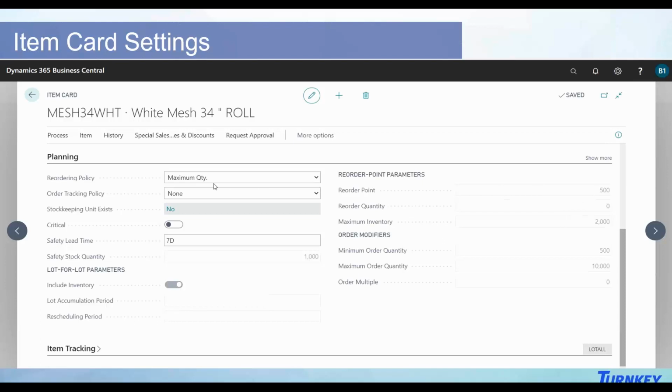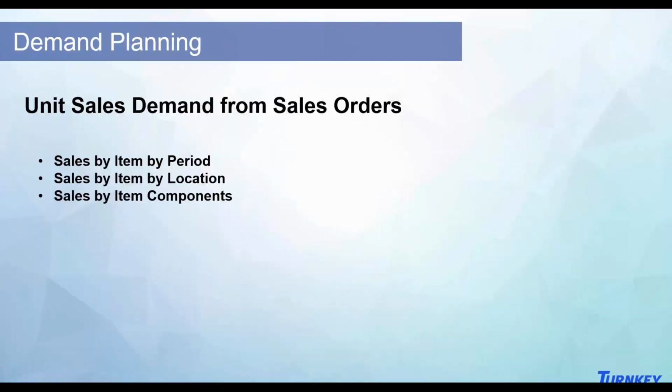So there's a couple of capabilities, various options. I'll go into a live item here in a second to do that. Lead time, safety stocks, all the parameters and the components of the algorithm to order up, if you will, to a particular level. So this is unique stuff that can be done at the item card level.